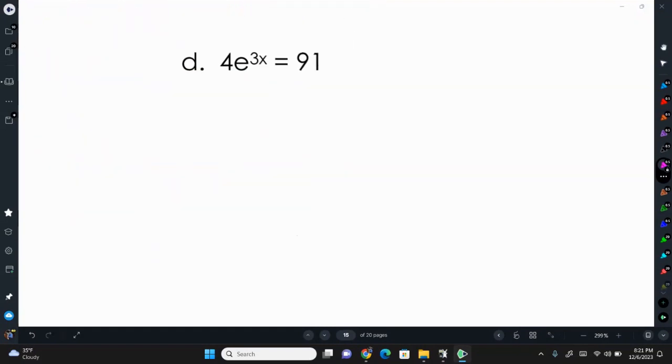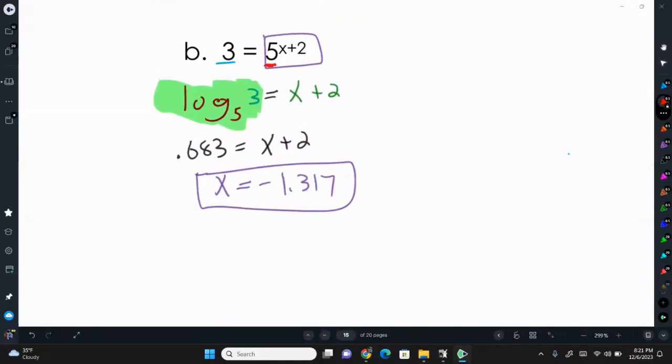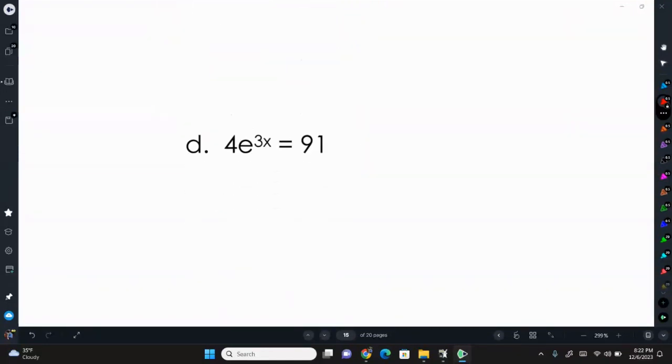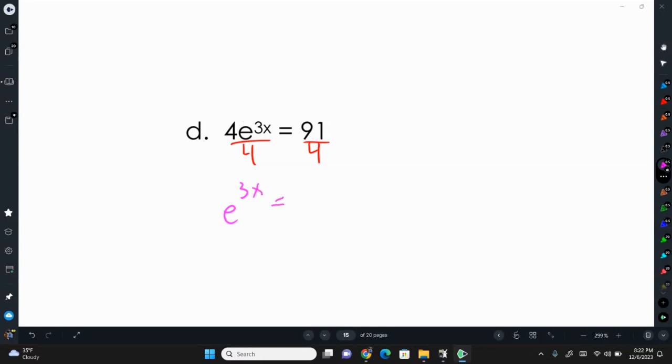Then letter D, we have 4e to the 3x power equals 91. Well, up here, we didn't have to divide both sides by anything because our base was by itself. Our base here is e, so we need to divide both sides by 4. So we get e to the 3x equals 91 divided by 4.